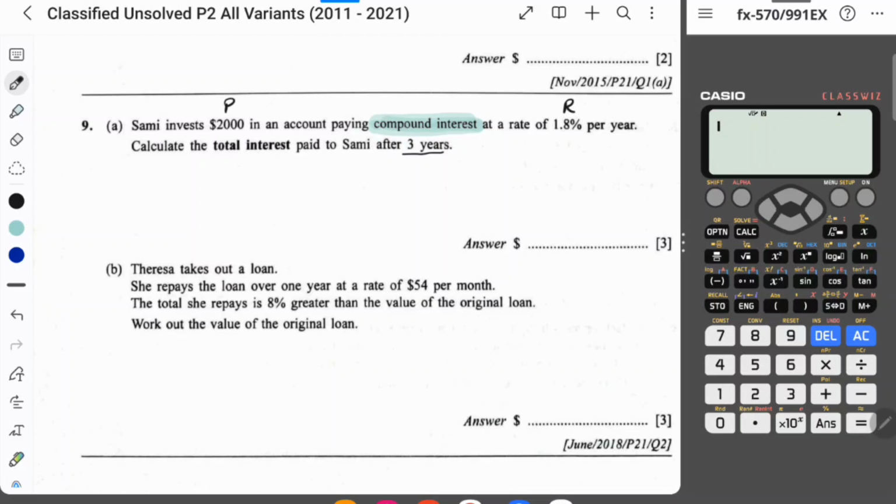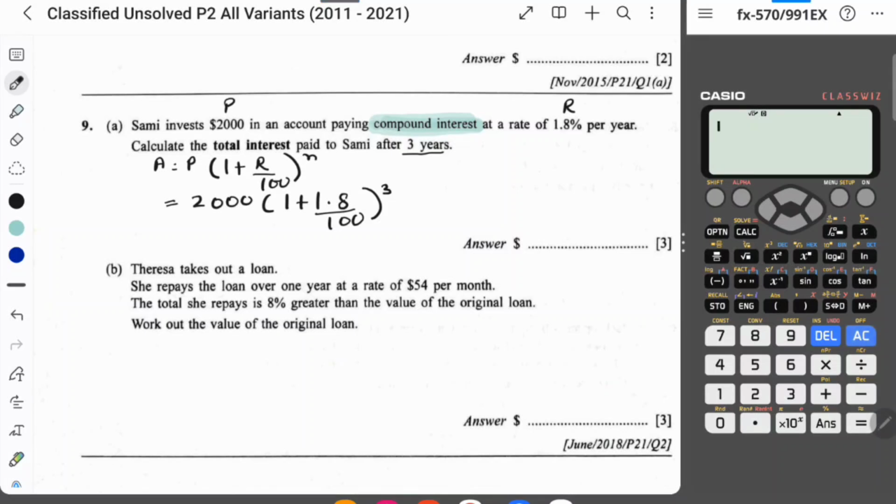All right, so for the interest we'll first find out the amount, because we have the formula for the amount, and then subtract the principal from that amount to get the total interest. Okay, so the amount is equal to P times 1 plus R over 100 to the power of n. So the principal is 2000 times 1 plus your rate is 1.8 upon 100 and n is 3. The time period is 3.